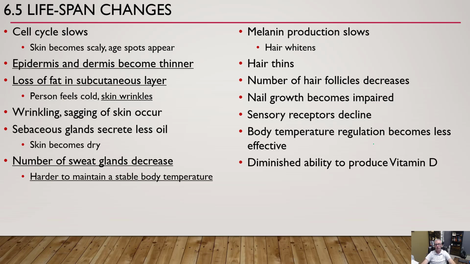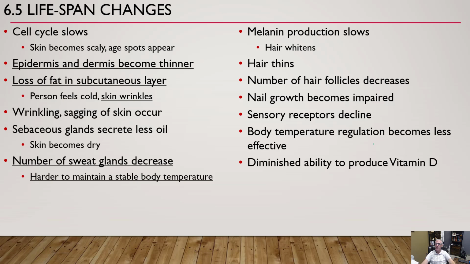Some of us have white hair as we get older because our melanin production slows down. Hair thins out a little bit. Number of hair follicles decrease, might see some balding. Nail growth becomes impaired. Your sensation declines. Your sense receptors decline.